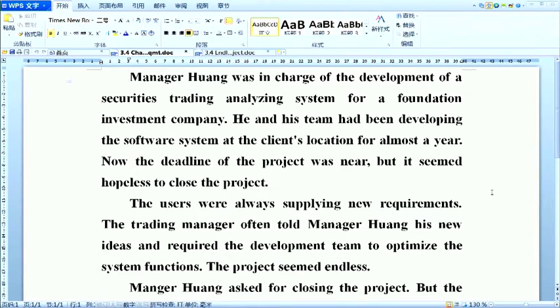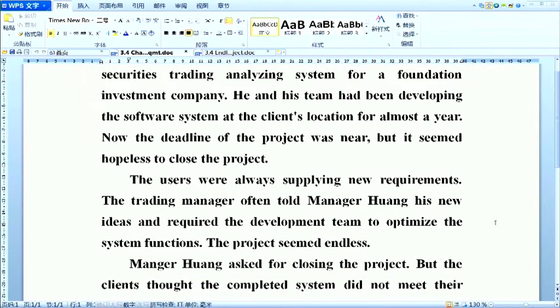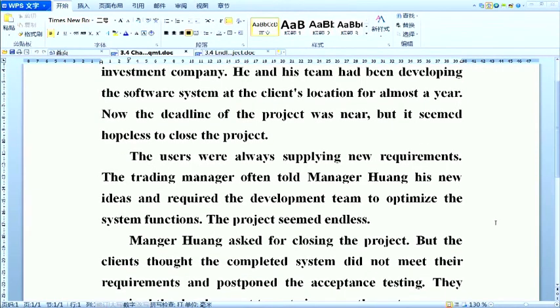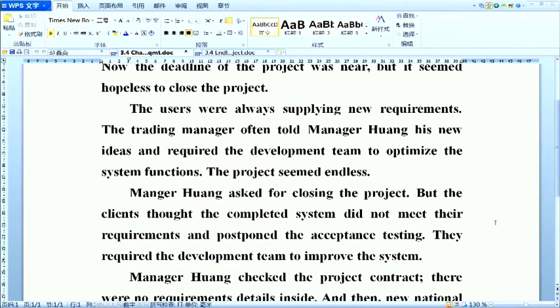Now, the deadline of the project was near, but it seemed hopeless to close the project. The users will always supply new requirements. The trading manager often told Manager Huang his new ideas and required the development team to optimize the system functions. The project seemed endless.